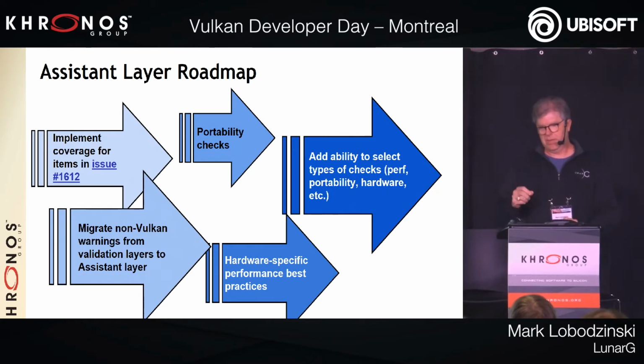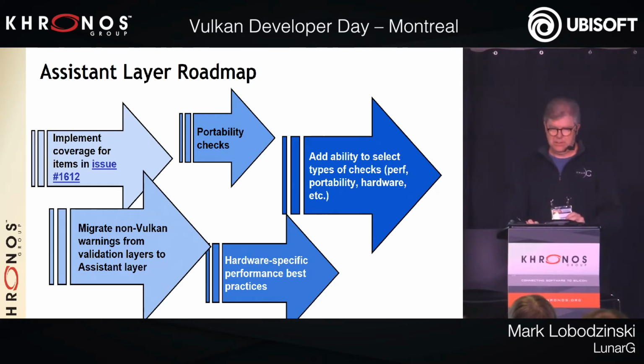But over time, the number of warnings called out in the spec has decreased, and it's our goal to get all of those non-specified warnings out of the validation layers and into the assistant layer. So there's a lot of things about transitions and many different kinds of warnings and performance warnings, and all those will move into this layer eventually.